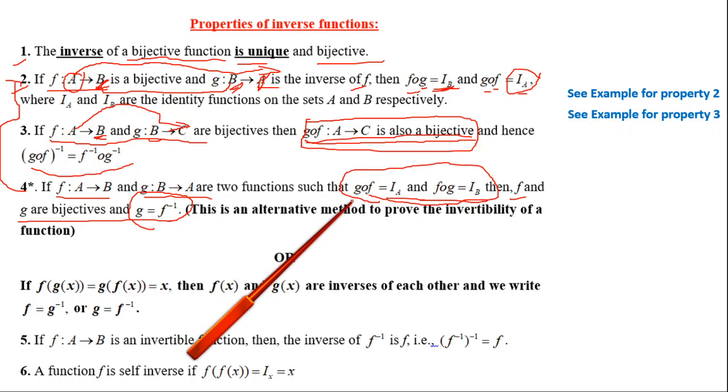So in that case, we need to show this. Now, fifth, if F is a function from A to B and it is invertible. So if we have a function F from A to B and it is an invertible function, that means F has an inverse.